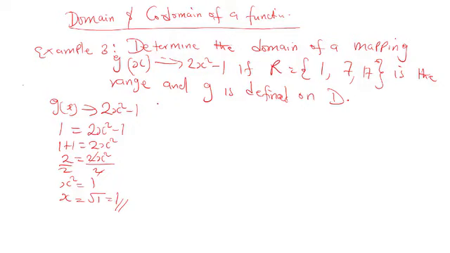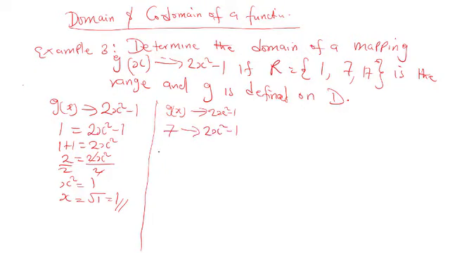Now let's substitute 7 into our function, which is 2x squared minus 1. Let g(x) be 7. We now have 7 equals 2x squared minus 1.